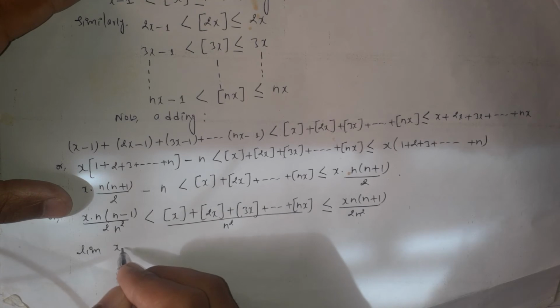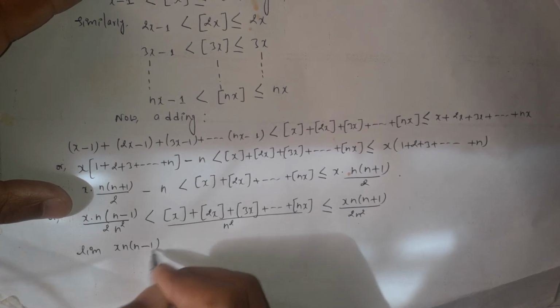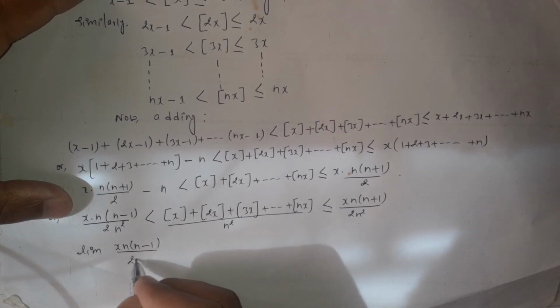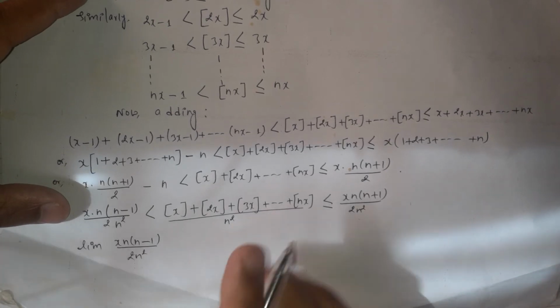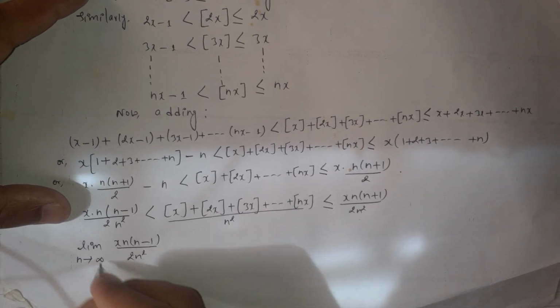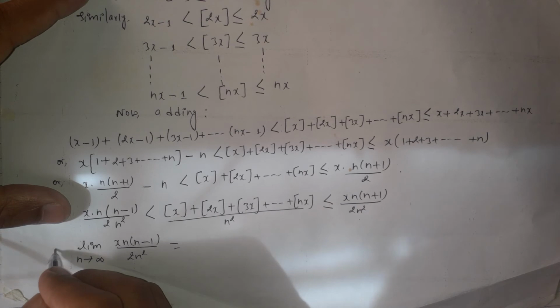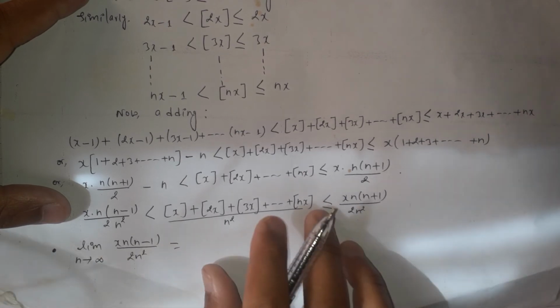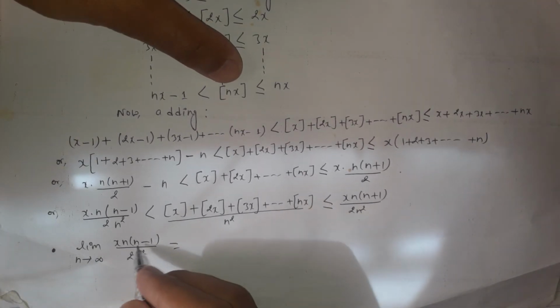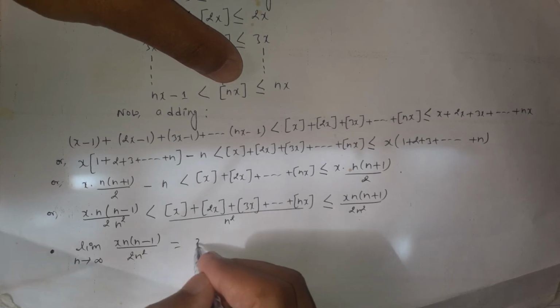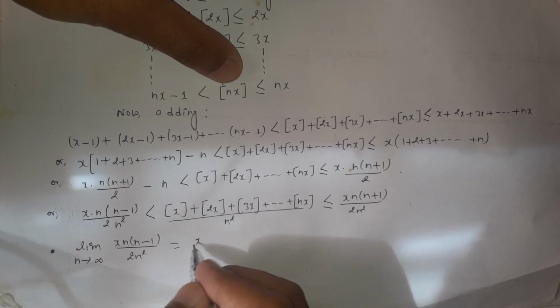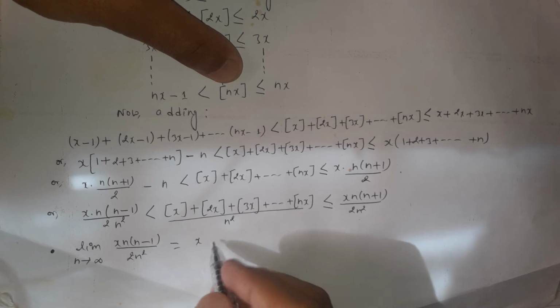Here the lower bound function is xn times n minus 1 over 2n square. Let's take its limiting value when n approaches infinity. Since x is constant, we can take it out.